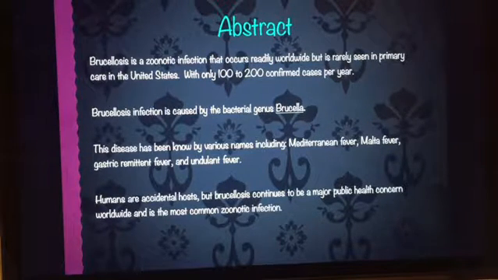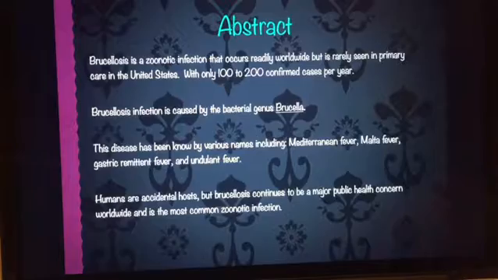This disease has been known by various names, including Mediterranean fever, Malta fever, gastric remittent fever, and undulant fever. Humans are accidental hosts, but brucellosis continues to be a major public health concern worldwide, and it is the most common zoonotic infection.